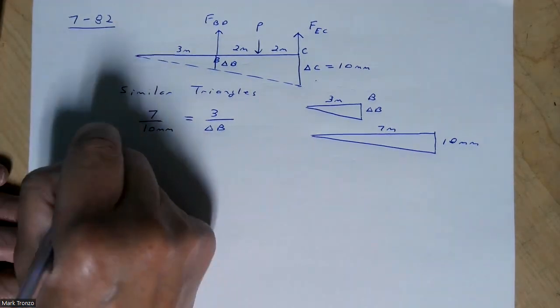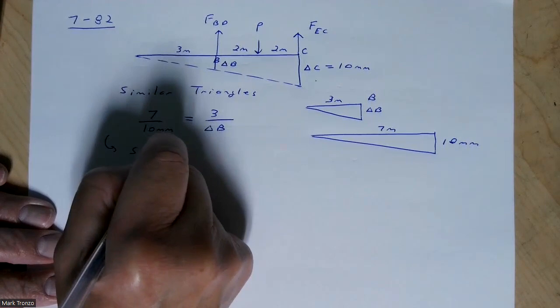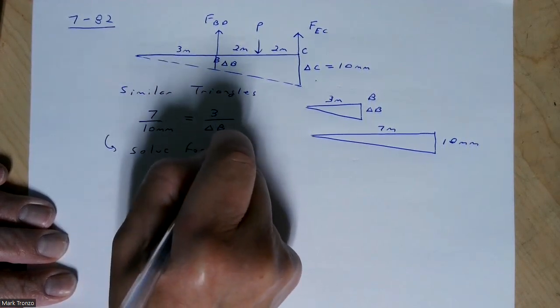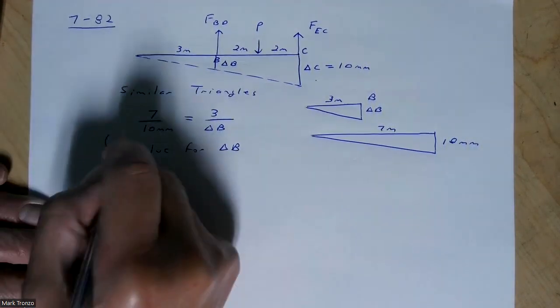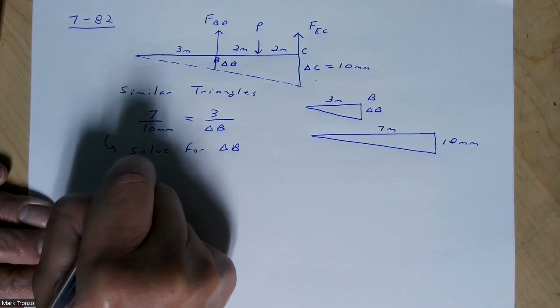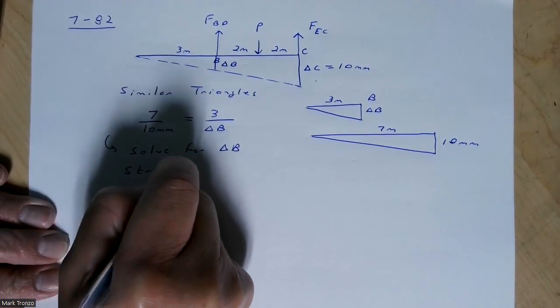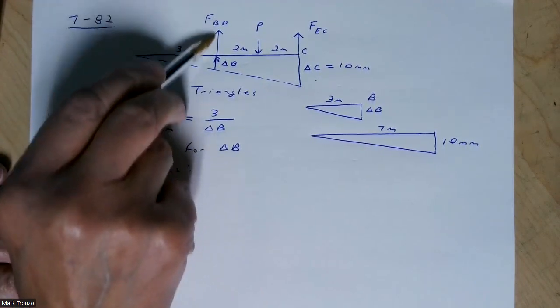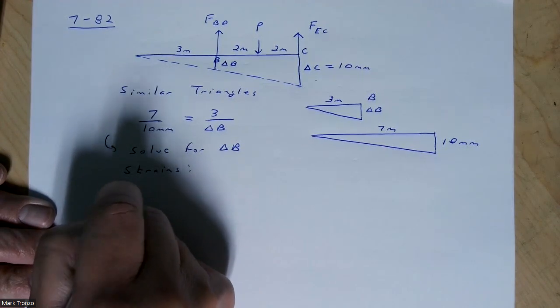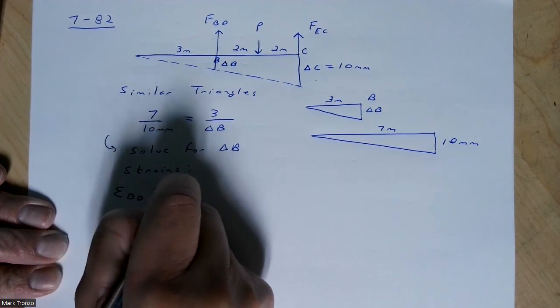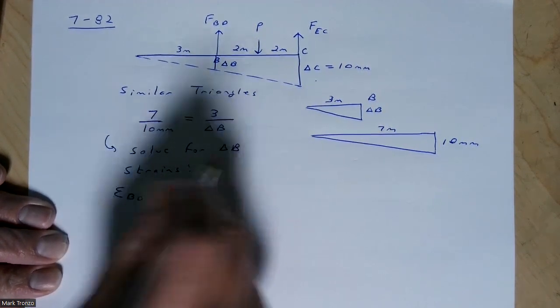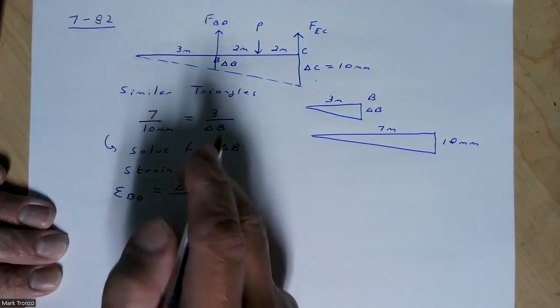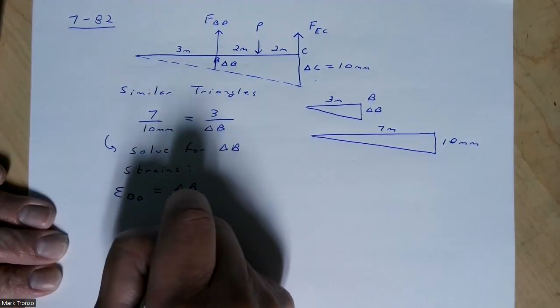Then all you have to do is solve for delta B, and then find the strains. For this one here, that's simply going to be delta B divided by whatever length this is that you were given, LBD.